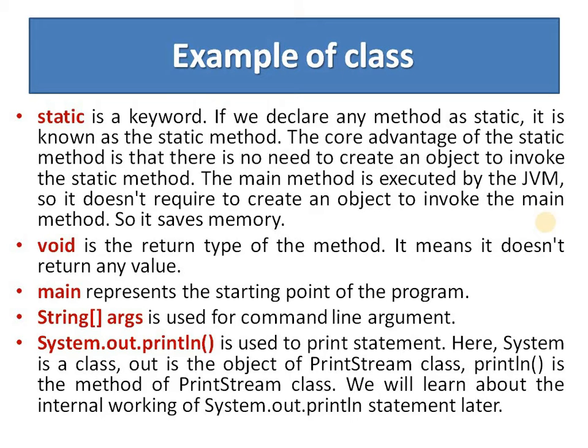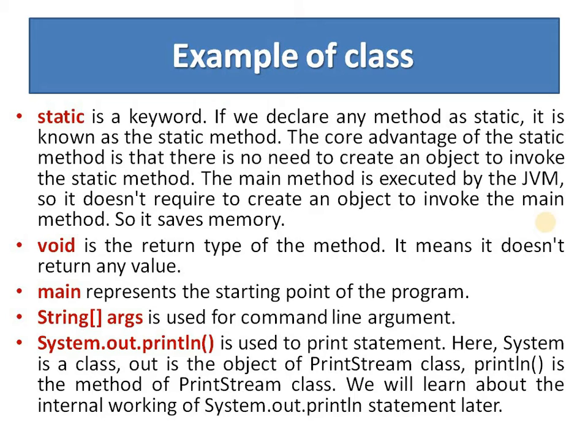The core advantage of the static method is that there is no need to create an object to invoke the static method. The main method is executed by the JVM. What is meant by JVM? Java Virtual Machine. So it does not require creating an object to invoke the main method. So it saves memory.